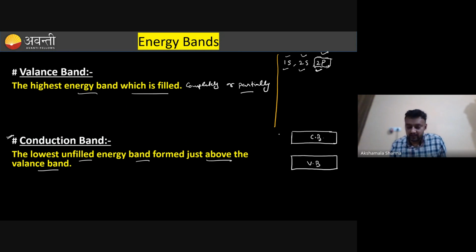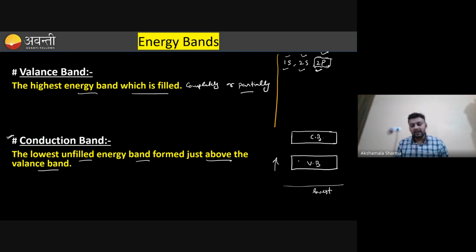I'm repeating my words; you have seen it in the atoms chapter. As you move away from the nucleus, the energy keeps on increasing. I am representing energy from here: this is the lowest energy, and in the upward direction, the energy will increase.